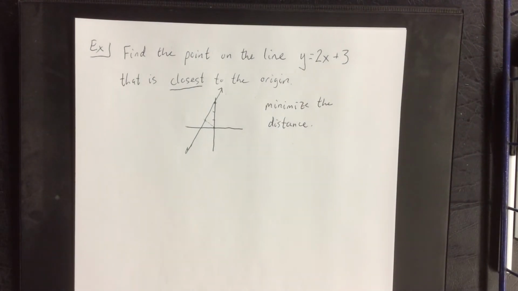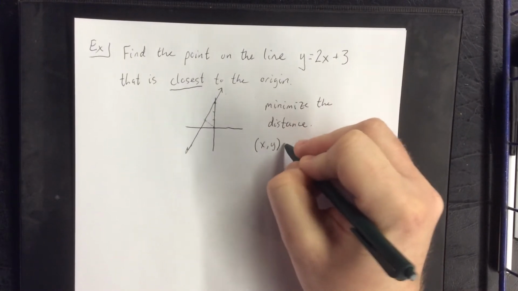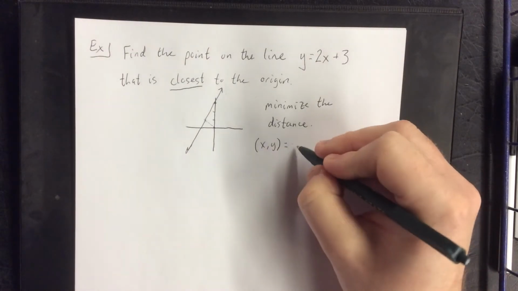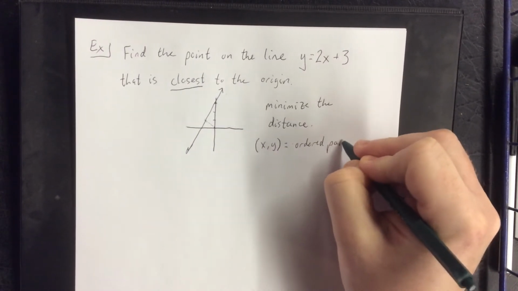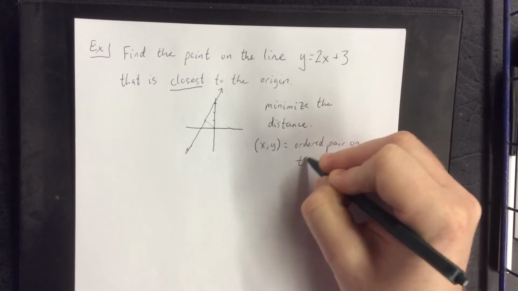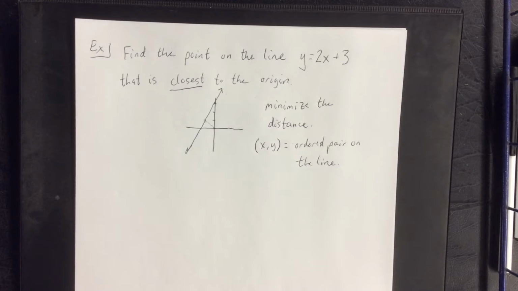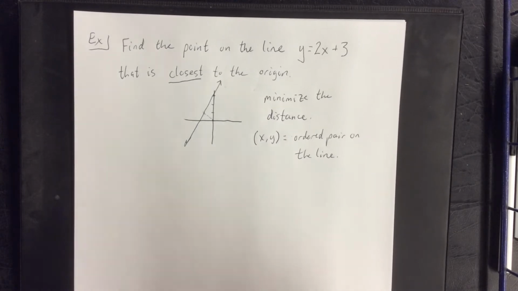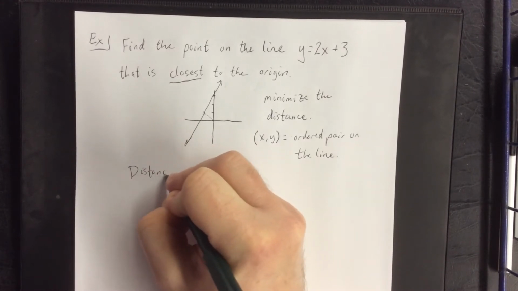So in terms of defining variables here, there's really only two variables that need to be defined, and they are going to be that ordered pair x, y on the line. Now with that in mind, we also need to define, according to the distance formula, what is the distance between this point and the origin.